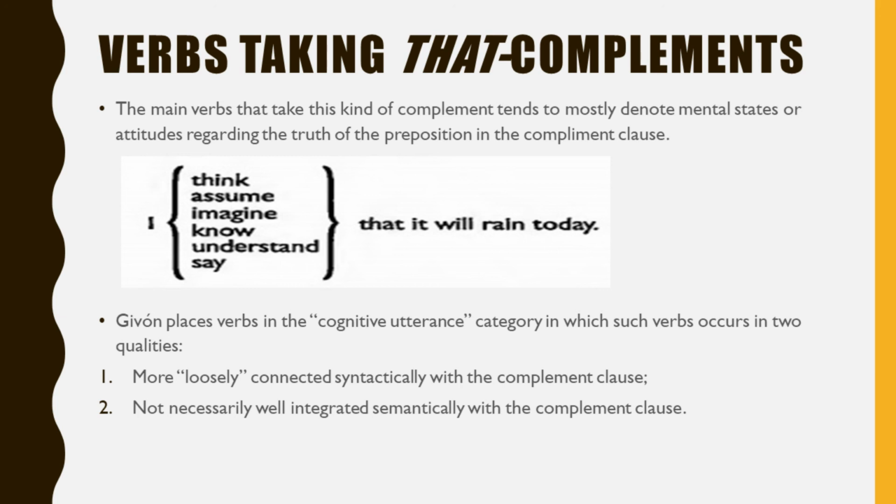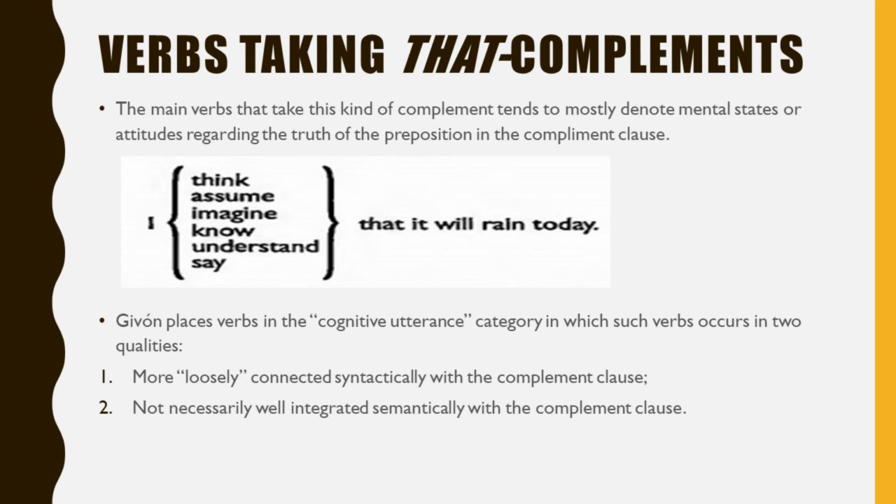Gibbon places such verbs in the cognition utterance category and says that a clause in which such a verb occurs has 2 qualities. The first quality is that it is more loosely connected syntactically with the complement clause, and the second is that it is not necessarily well integrated semantically with the complement clause.